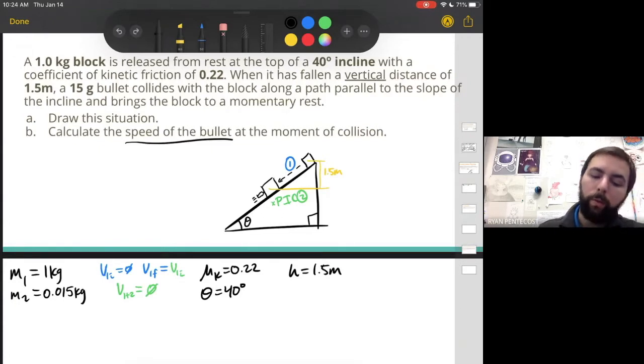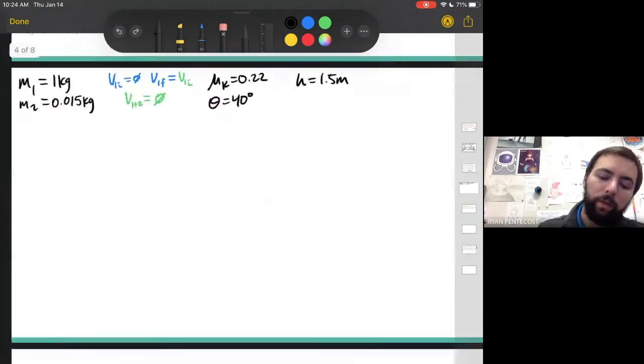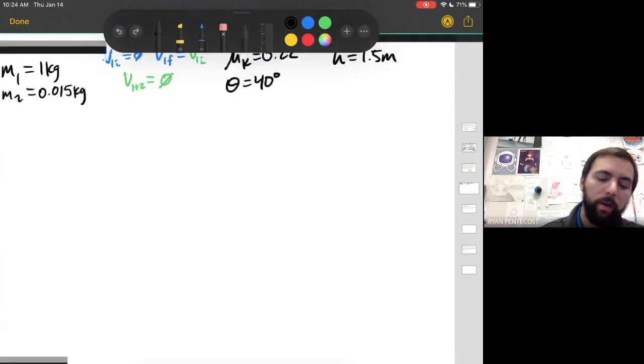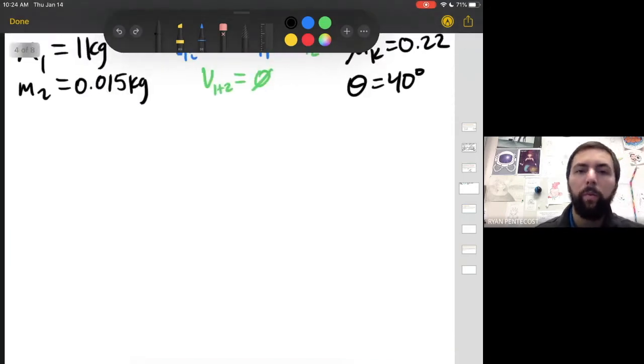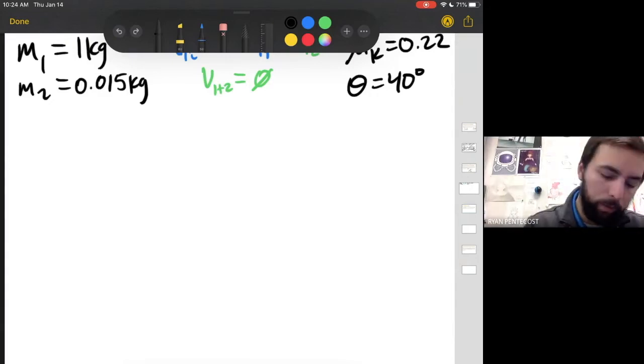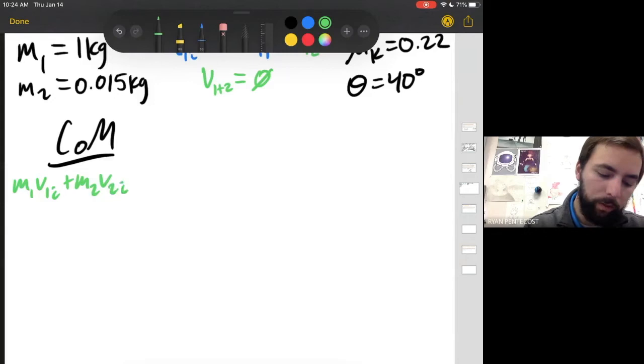So what we want to do is calculate the speed of the bullet at the moment of collision. Before we start planning this all out, let's see what that takes. If we want to look at the speed of a bullet during a collision, right off the bat that means use momentum. So we will use conservation of momentum. We have m1 v1 initial plus m2 v2 initial equals (m1 plus m2) v final.